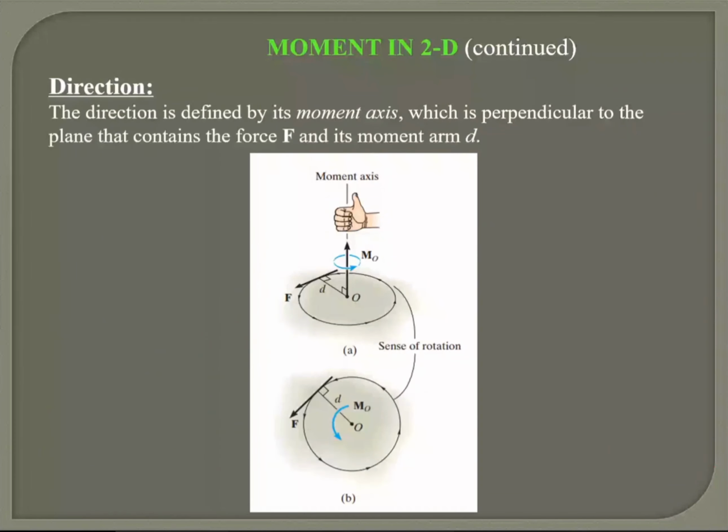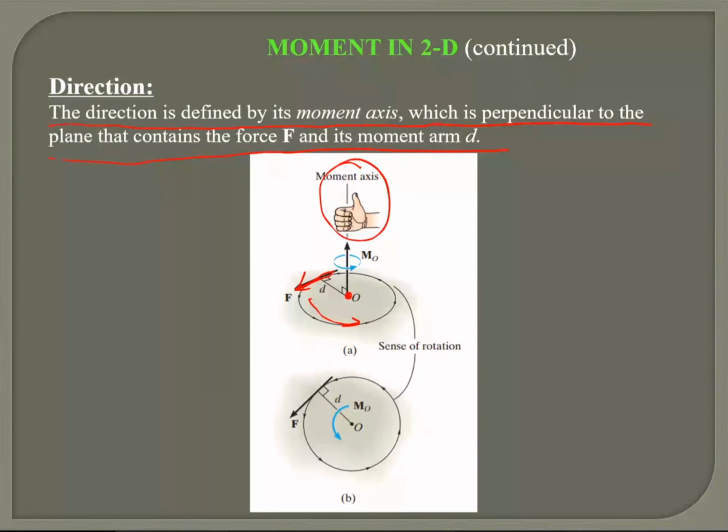Anyway, let's move on. So the direction is defined by the moment axis, which is perpendicular to the plane that contains the F and Y. So basically your right hand rule tells you the direction of moment. If this is the point where I'm measuring the moment, and that's the force being applied, then force into distance gives me an anti-clockwise direction moment, which I can figure out from the right hand rule.